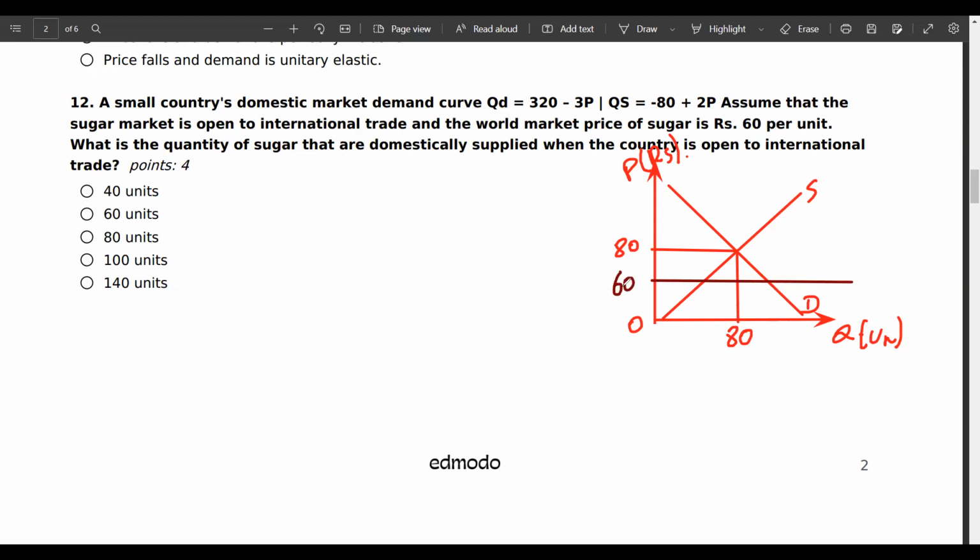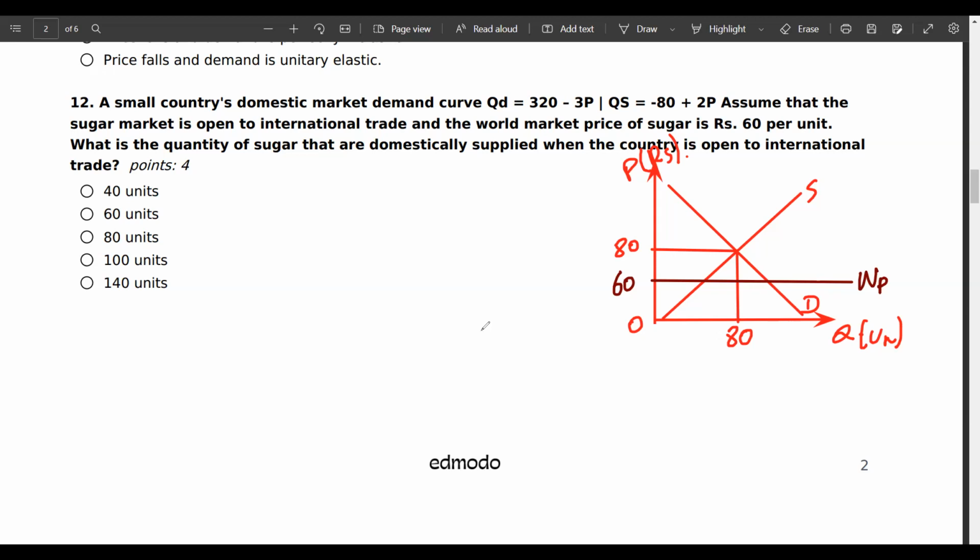So domestic producers now can't sell above that 60 rupee price, because if they do, no one will buy their sugar, because of the world price. So the world price is 60 rupees. So who will buy sugar for 80 rupees? No one. Everyone will want to buy at 60 only, because 60 rupee sugar is also available in the market, which is imported sugar.